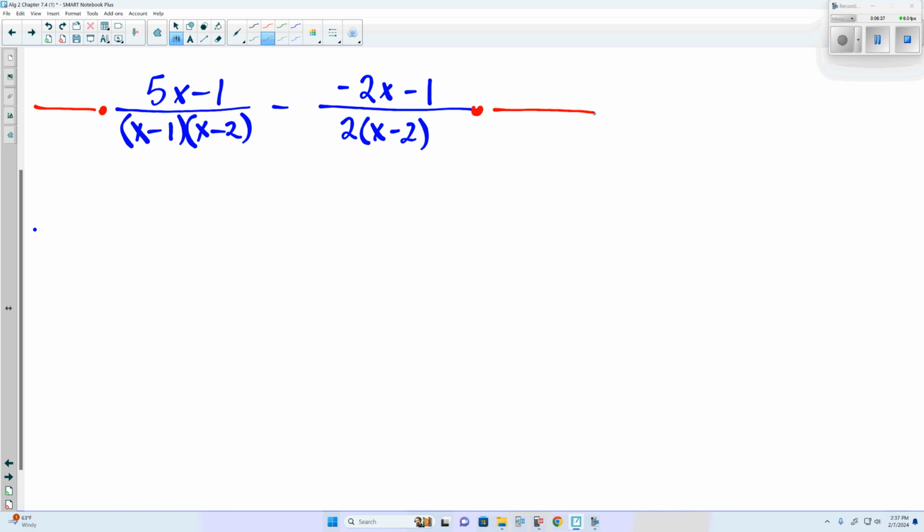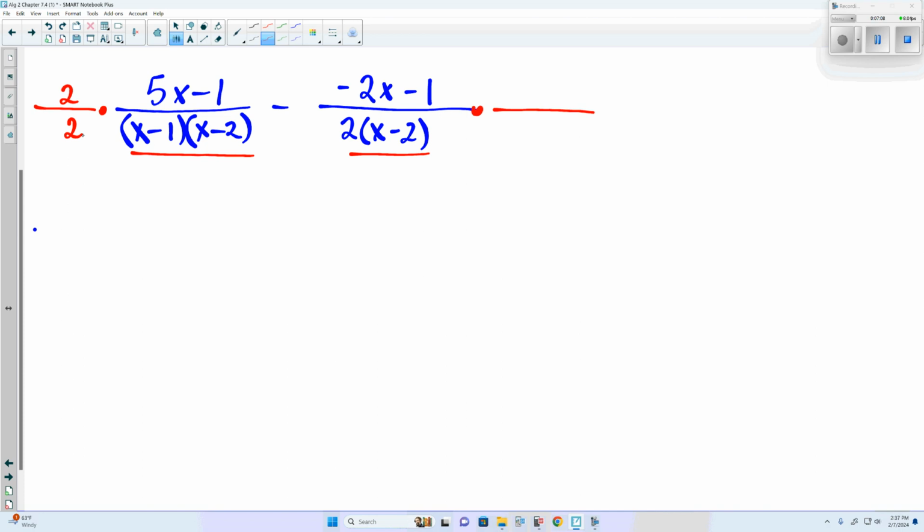Using the method we did yesterday, we look at these two and see what each has. The right one, our 2 times x minus 2, has the 2, but the left one, our x minus 1 times x minus 2, doesn't have the 2. So we're going to multiply 2 on top and bottom.